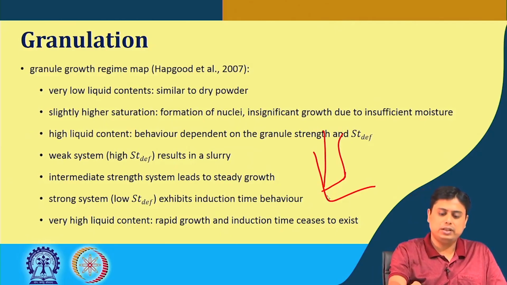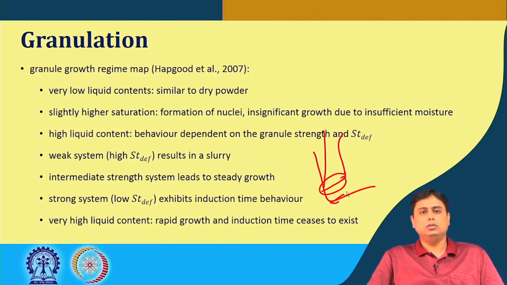So, as the saturation increases, this period goes lower and lower. With such detailed study, a regime map of this kind has been developed and verified with several types of powders, and it has been seen that in granulation these stages indeed happen.